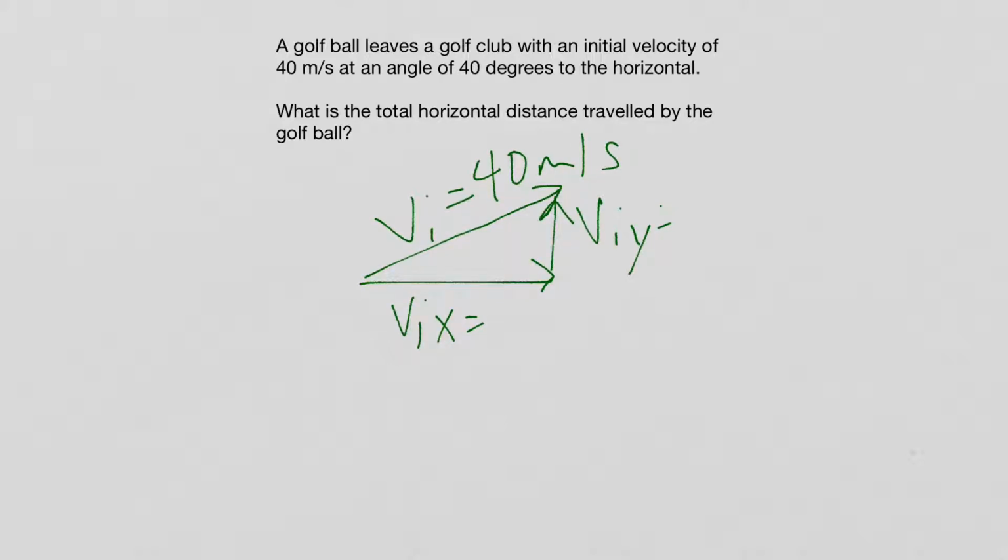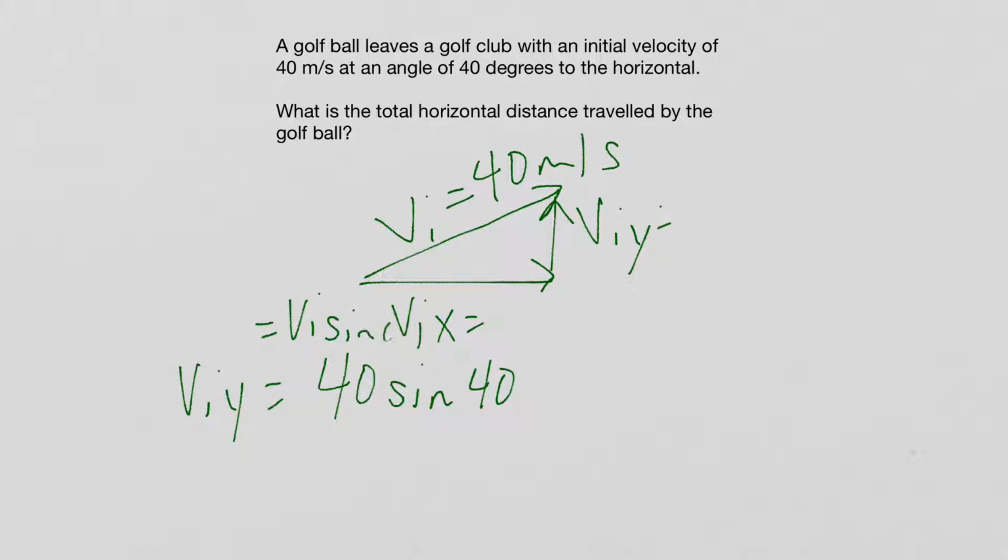So the Viy is equal to 40 sine 40. This comes from Vi sine theta, Viy, that we said before.